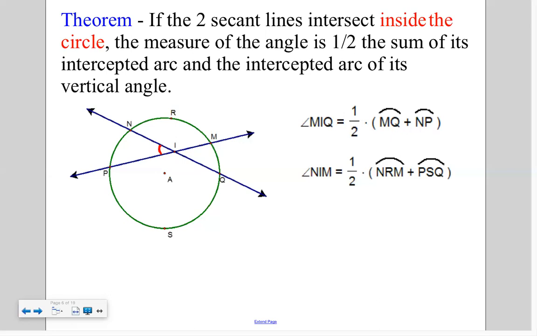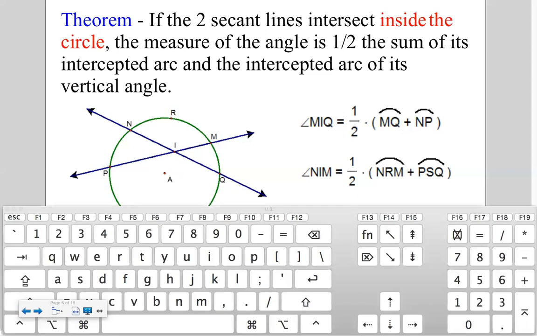All right, so here's how this one works. We know that this angle right here, angle NIP, actually, they used MIQ, but we'll use MIQ, that way we're being consistent here.